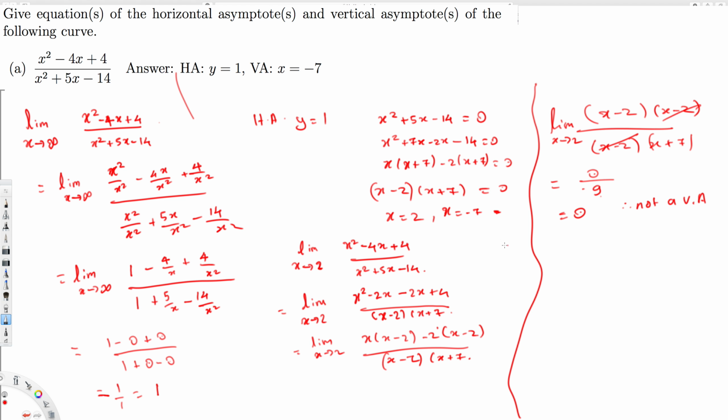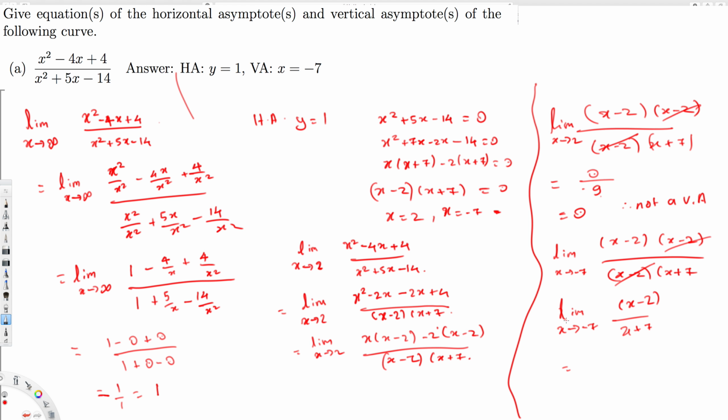So let's go for the second one. We have minus 7 right here. Instead of doing all these things, I can take the formula we have found here already. So when the limit as x approaches minus 7, I'm taking (x minus 2)(x minus 2) over (x minus 2)(x plus 7); the (x minus 2) cancels, leaving (x minus 2) over (x plus 7).